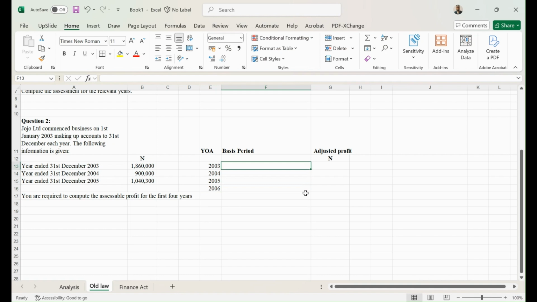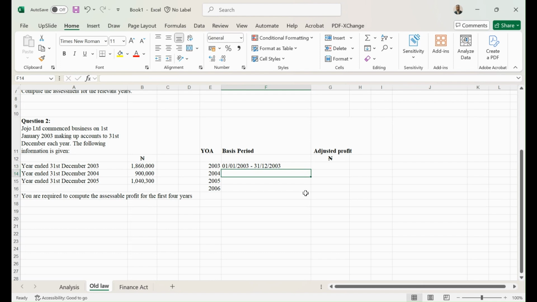All right. The basis period for the first year will be from when the company commenced operation, which is 1st of January 2003, up to 31st December 2003.